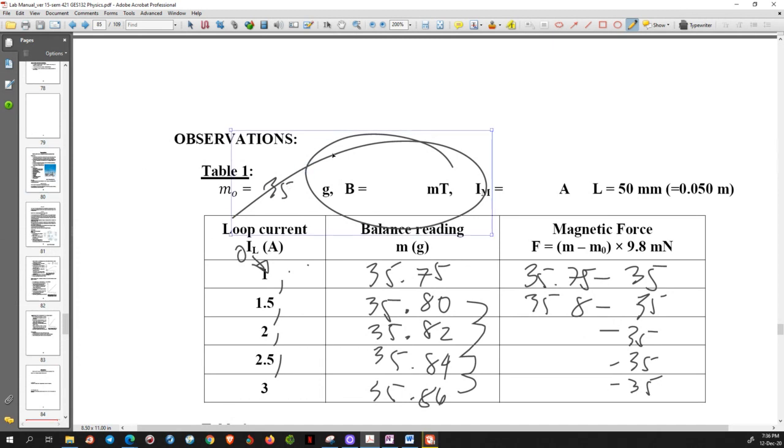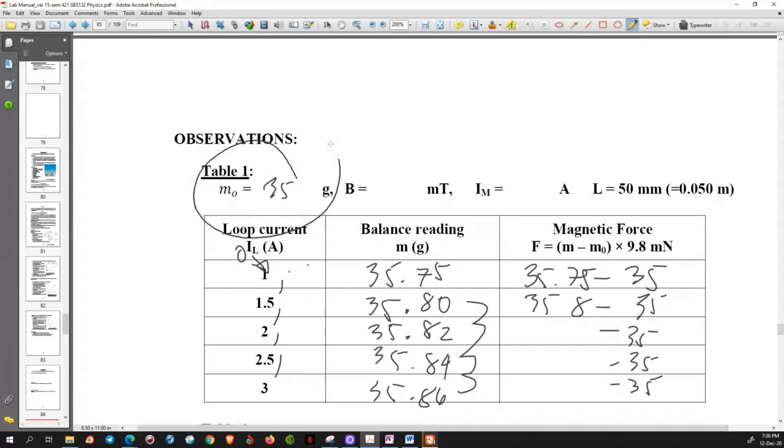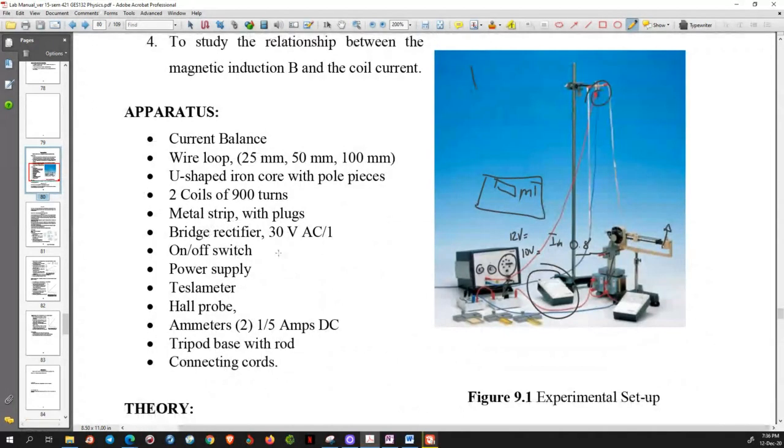The only thing you will measure when the circuit is off is mass original. Just this one. Of course, how can you measure B or the current if it's off? Like I said, go to the Tesla meter and that's where you will find the magnetic field B. Okay? When you switch on the switch here, down here, of course the B will be displayed.